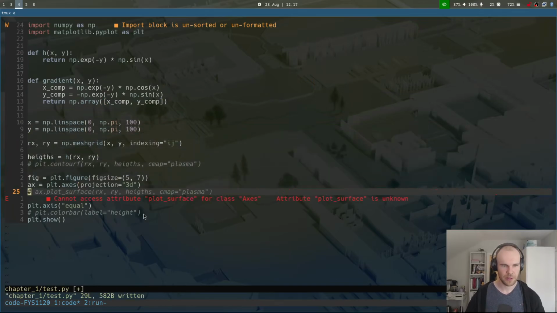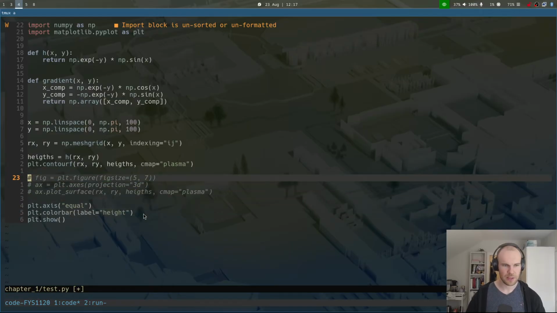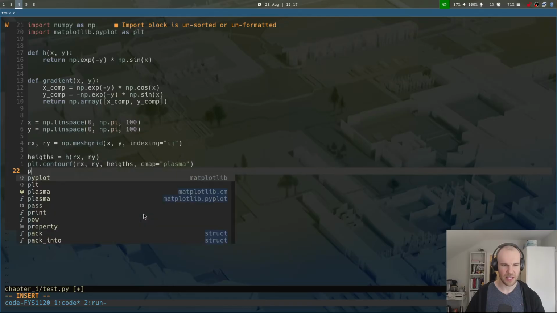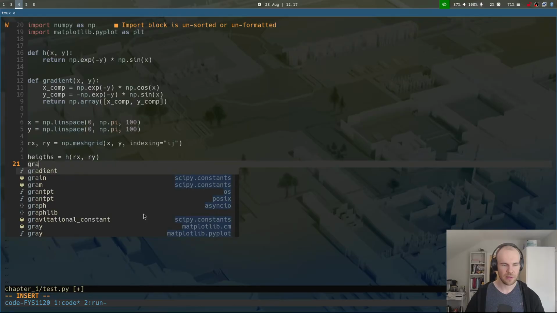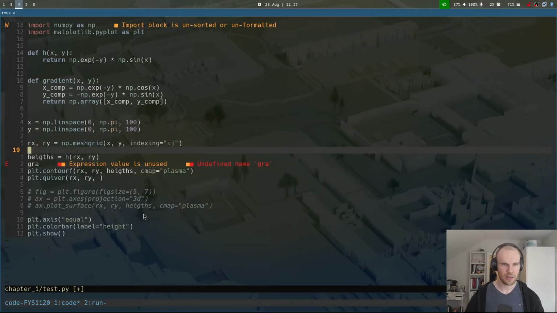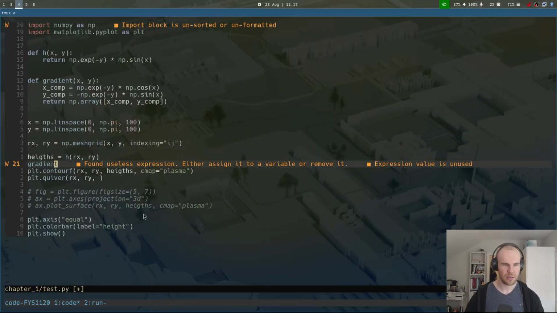Perfect. And now we want to use that contour plot. I don't need you. This is nice. And we could say plt.quiver rx ry. Then I could use that gradient. That's a little bit stupid.